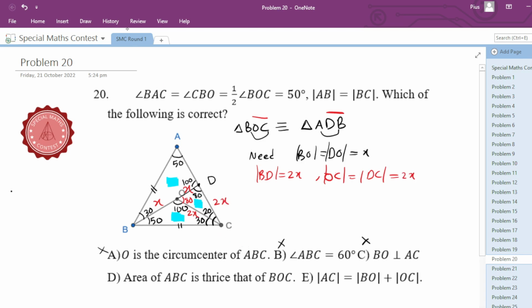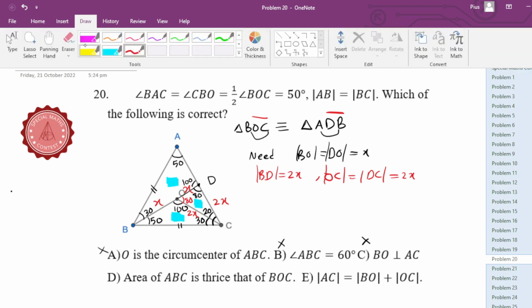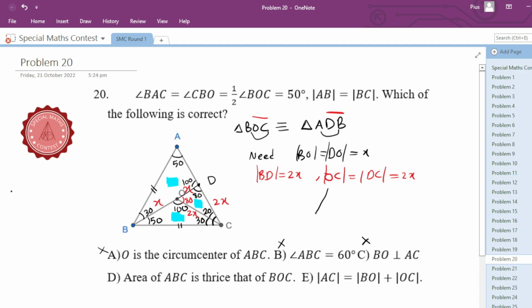What we get is this diagram involving x. We have this isosceles triangle where this is C, this is D, this is O, with sides x, 2x, 2x, and angles 80, 20, 80.